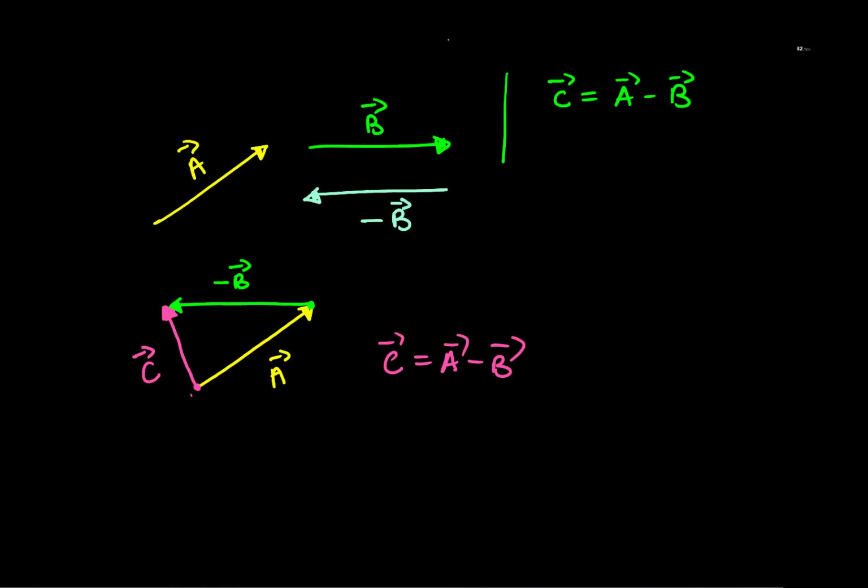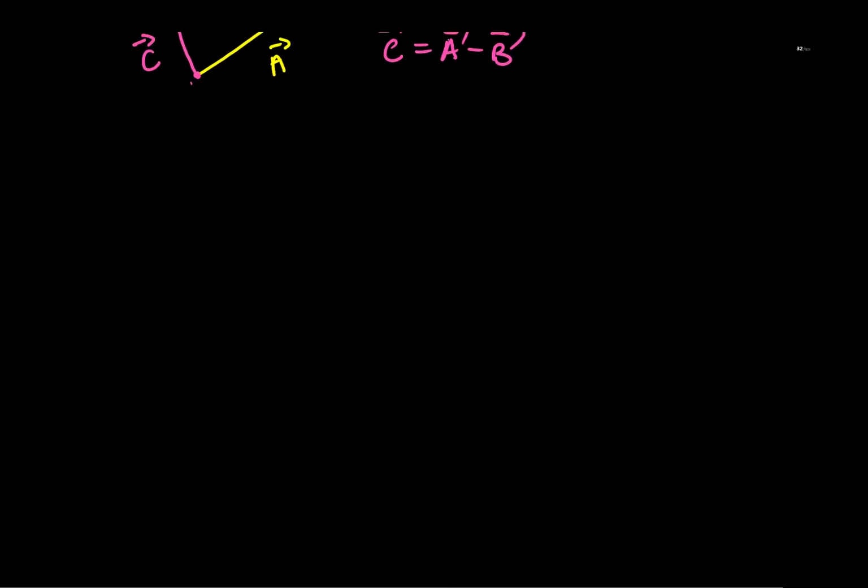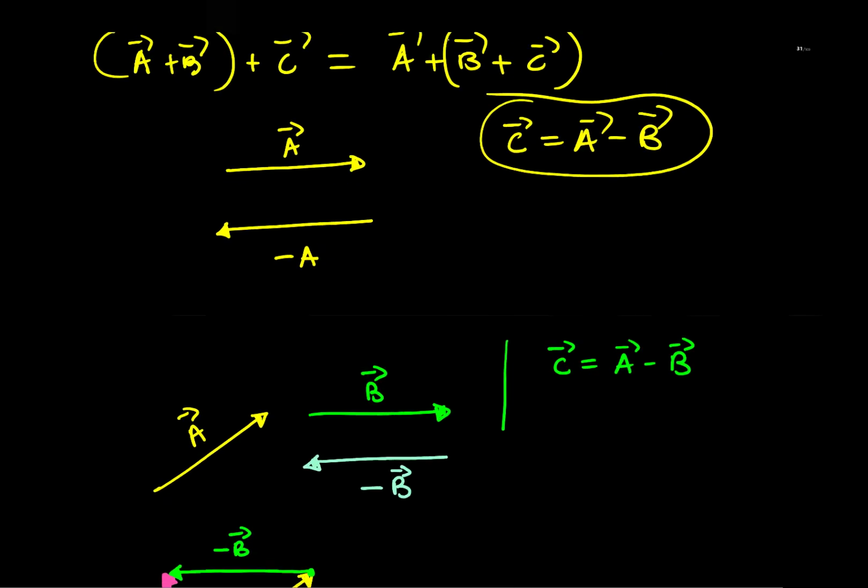Now another property of vectors that I would like for you to remember is what we call the identity element of vector addition. There is a unique vector which, when added or subtracted from a vector, will not change that vector. We call it the identity vector.